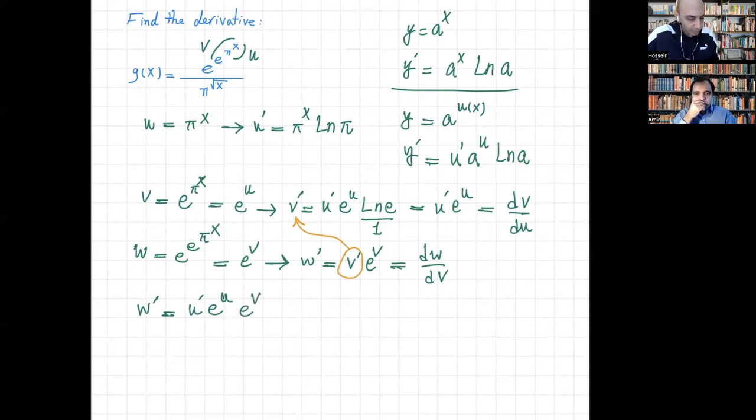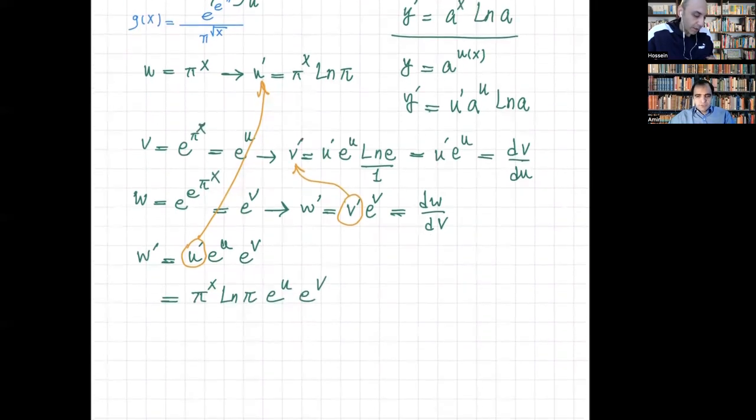And for this u prime, I'm going to replace it with this expression. So I have pi to the x ln of pi e to the u e to the v.